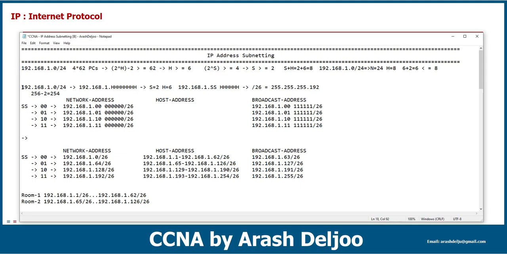When you are using 192.168.1.0/24, you can't use these 2 IP addresses, 192.168.1.0/24 and also 192.168.1.255/24, because the first is the network address and the second is the broadcast address. We can't use them for assigning to the systems. But here you can't use 8 IP addresses. Look here.